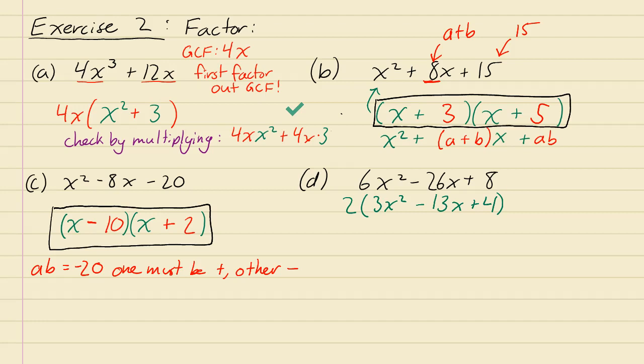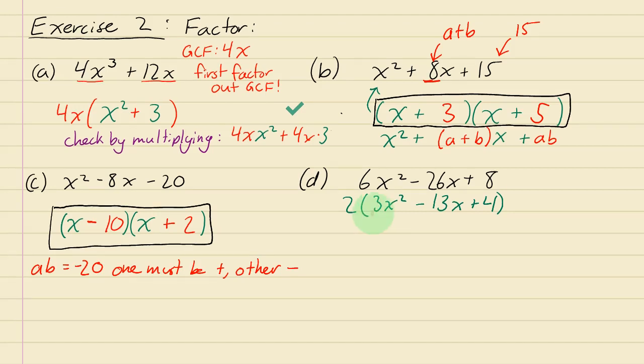And it still has this 3 here. That makes it tricky. My basic advice is just, well, we're going to leave the 2 here on the outside, and we're going to try to get a couple of binomials that we can put in here.